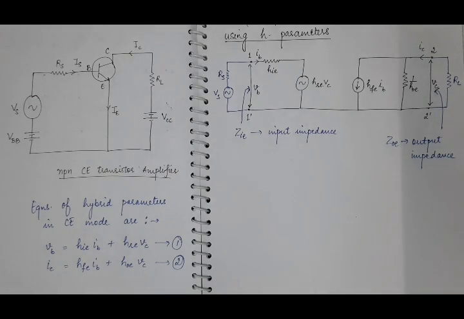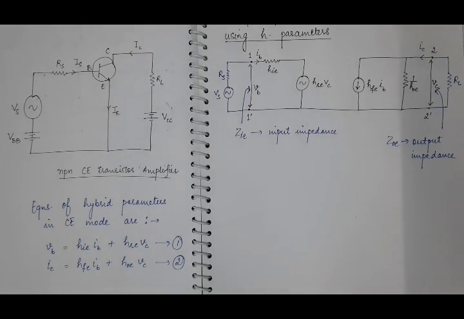Now in this article, we will derive the expressions for current gain, voltage gain, power gain, input impedance, output impedance, overall voltage gain and overall current gain in terms of hybrid parameters.